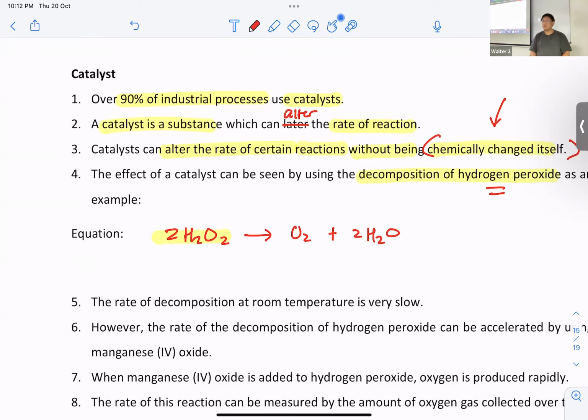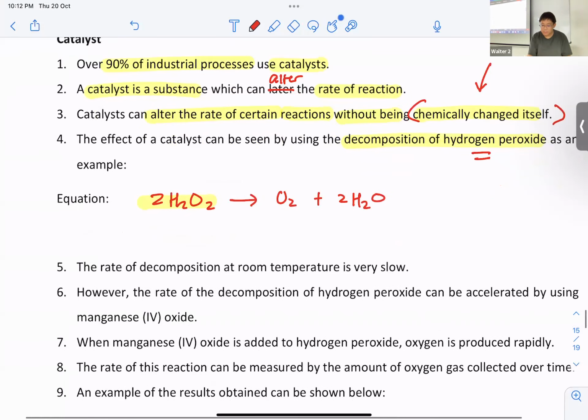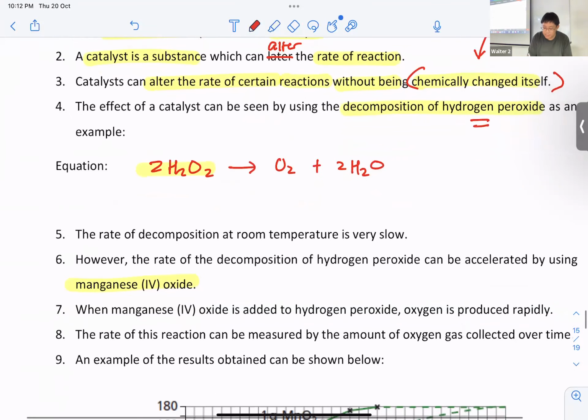All right? So how do we speed up the chemical reaction? By adding a catalyst called manganese oxide. Manganese oxide is MnO2. You add a little bit of manganese oxide inside, it will accelerate the decomposition of hydrogen peroxide.